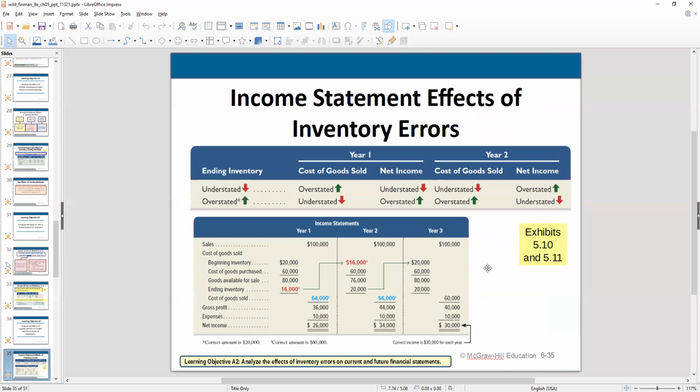Exhibits 5.1 and 5.11. You can read and study the charts.